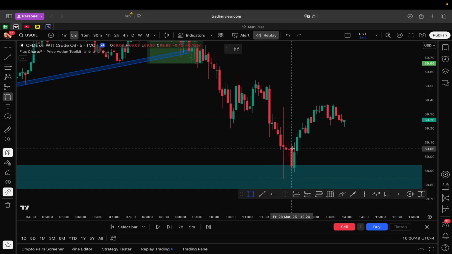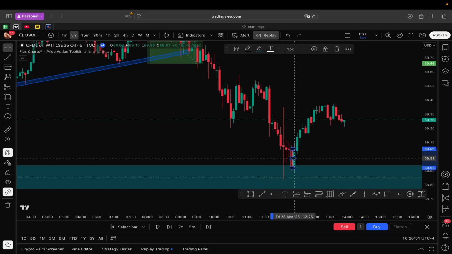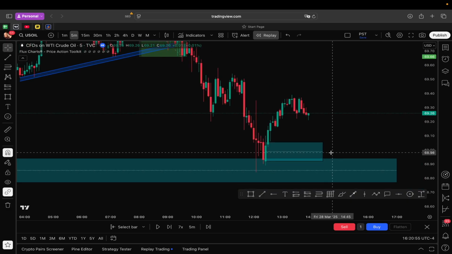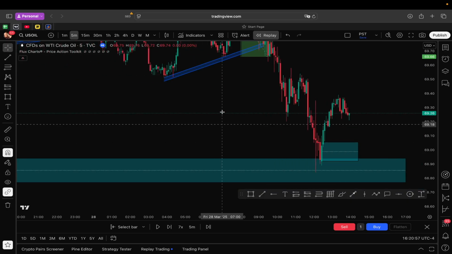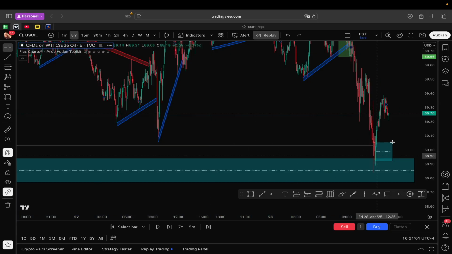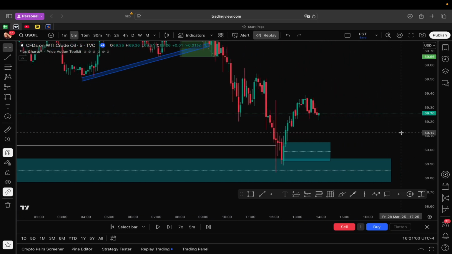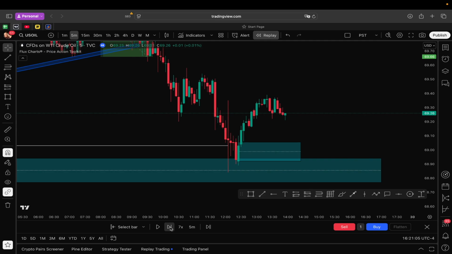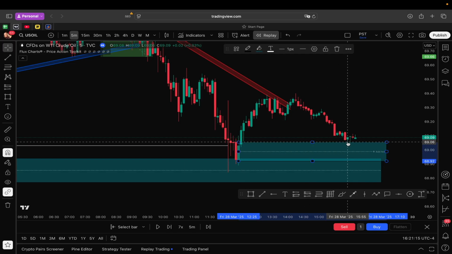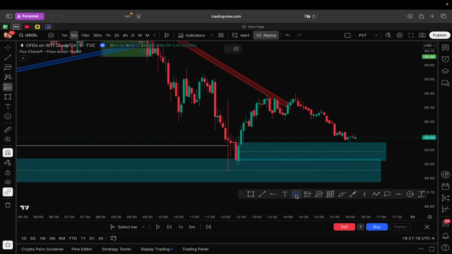The only thing I'm seeing, we have an order block resting right over here. We had this liquidity that's been taken. Now let's see if price comes to our order block. There we go. We got tapped into our order block.